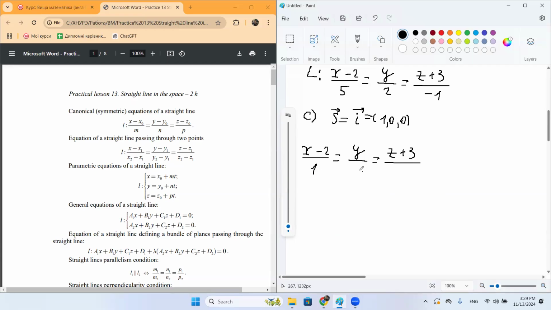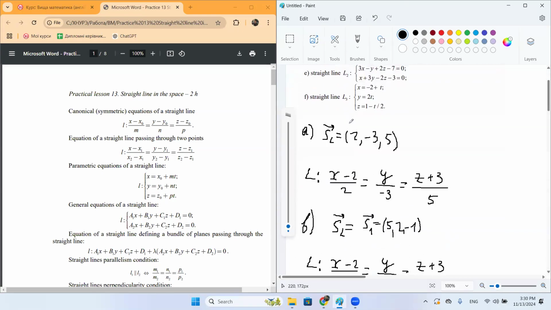So x minus 2 by 1 equals y by 0 equals z plus 3 by 0. It doesn't mean that we have to divide by 0. It just means that the line doesn't depend on y and z. So y and z are constant always. But x is changing.